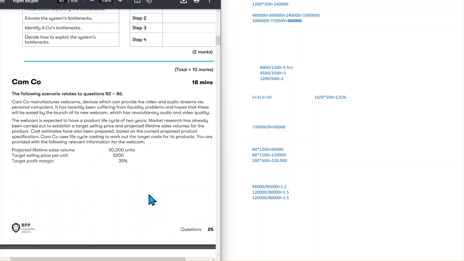Market research has already been carried out to establish a target selling price and projected lifetime sales volume for the product. Cost estimates have also been prepared based on the current proposed product specification. Camco uses lifecycle costing to work out the target cost for its products. You are provided with the following relevant information for the webcam.